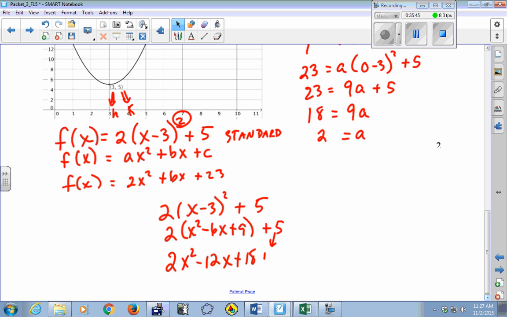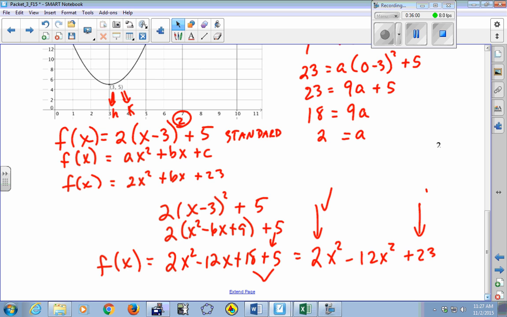And don't forget to bring that plus 5 down. Students sometimes forget that. And now you combine these two like terms, and voila, you have your polynomial form. A checks, your intercept checks, and you have just found the value for B. Oops, that should have a 1 there, minus 12x.